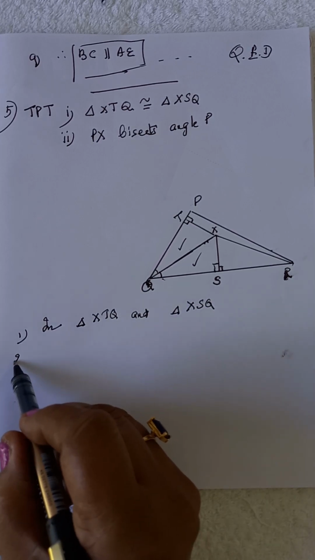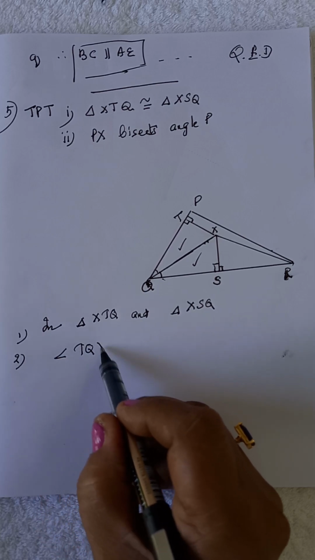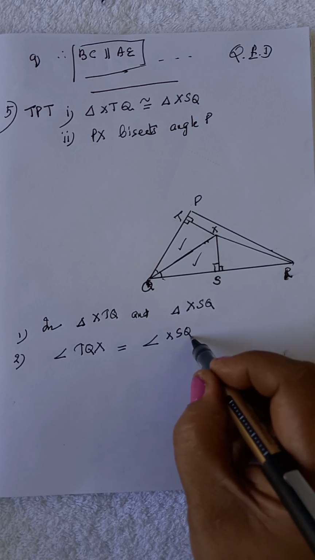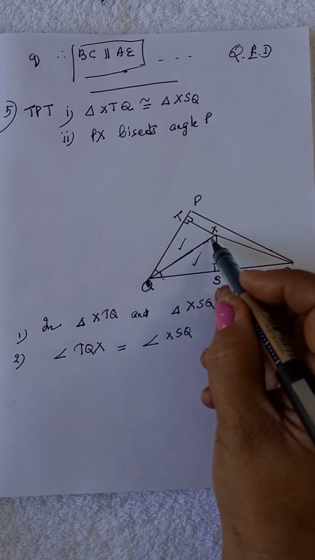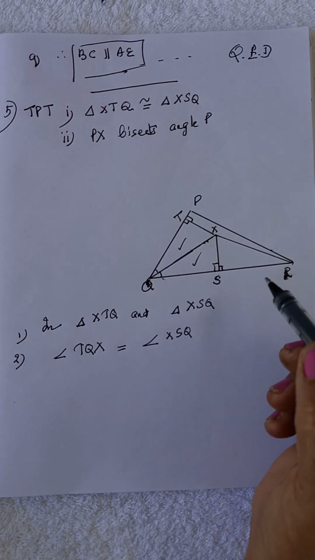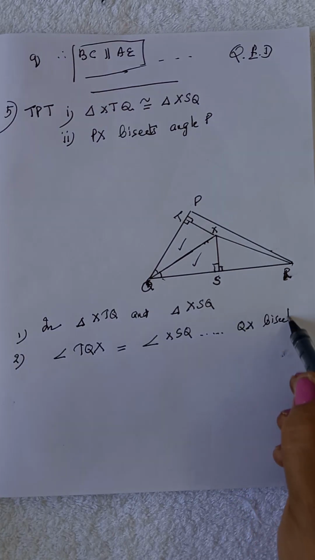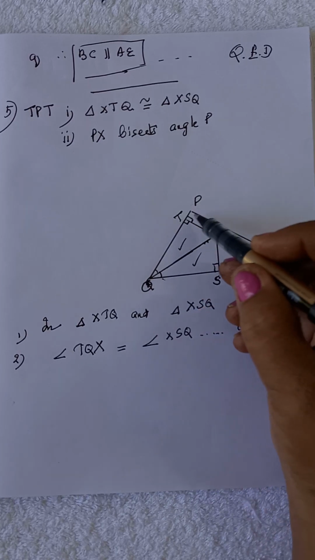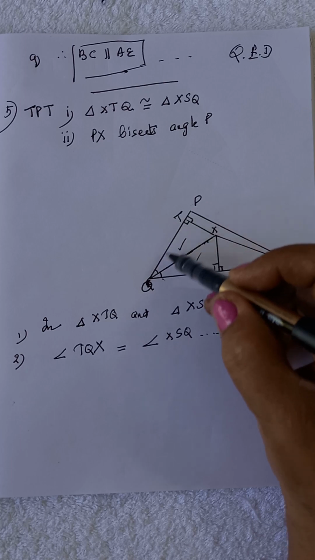Second one, angle TQX is equal to angle XQS. They are equal. Reason is QX bisects angle Q.